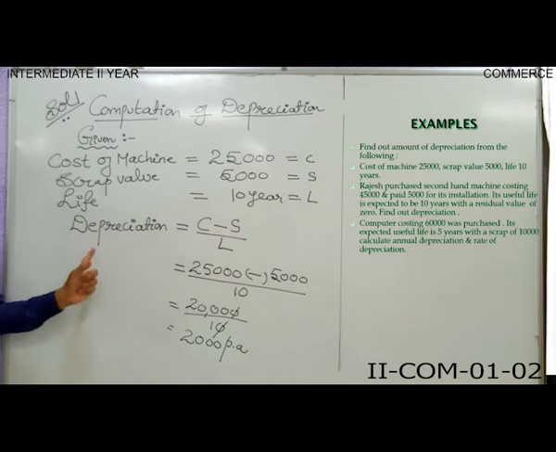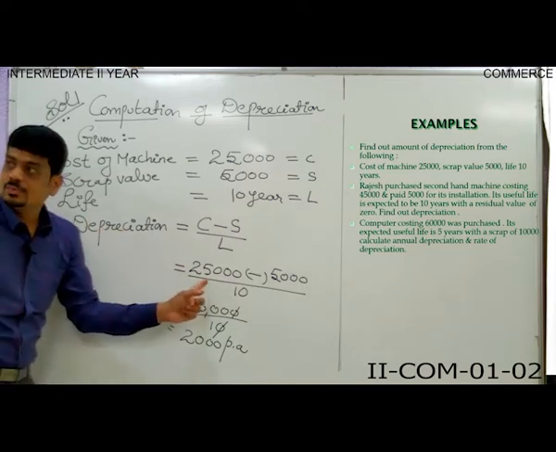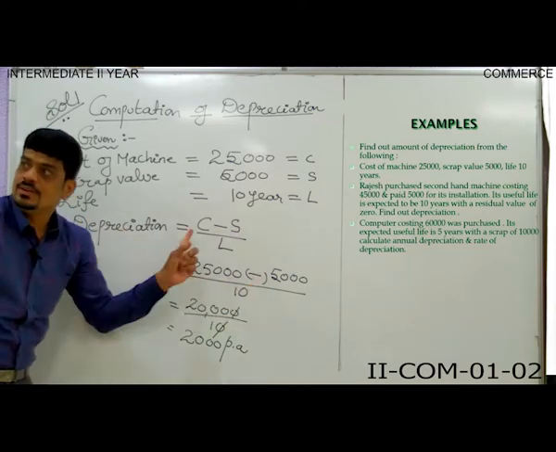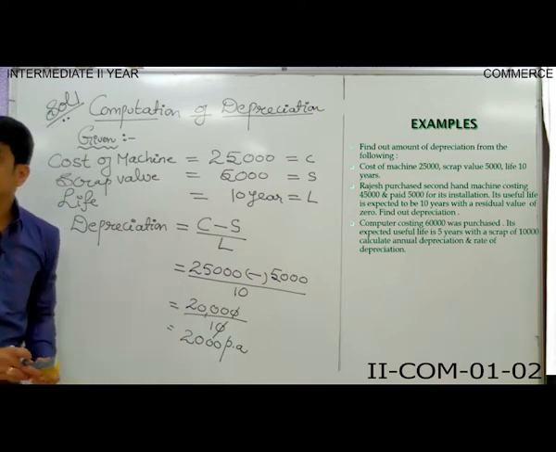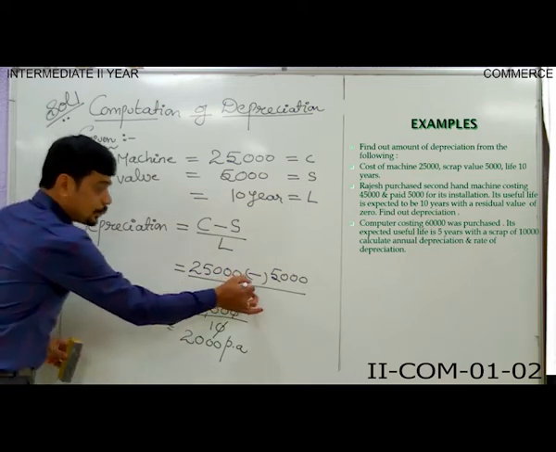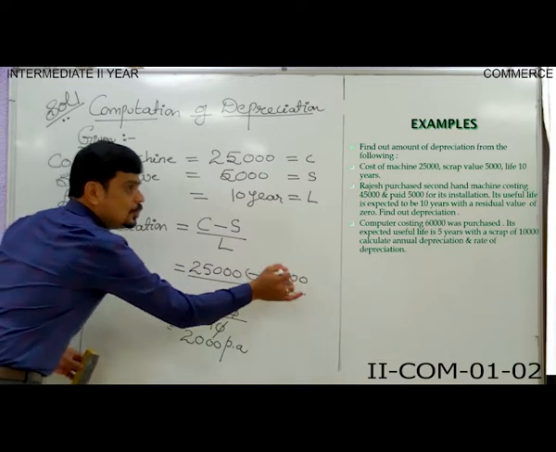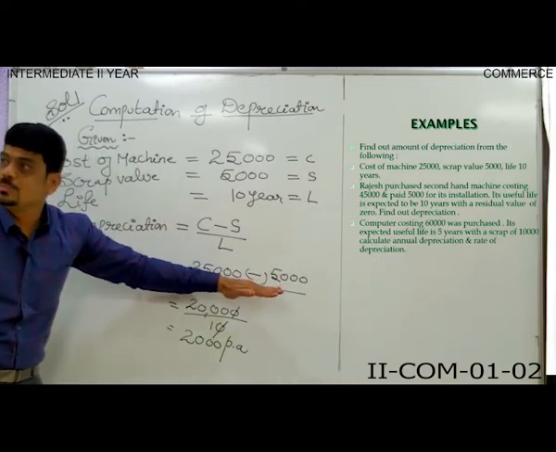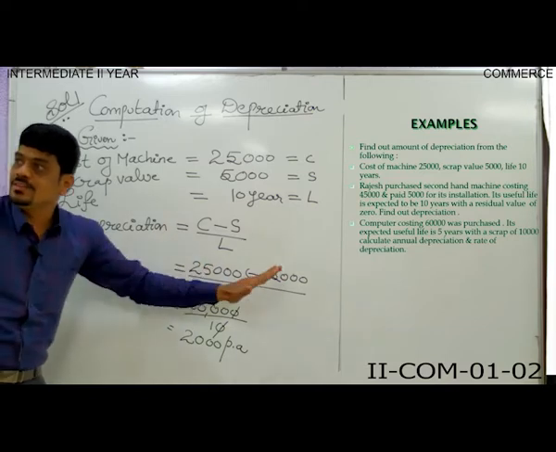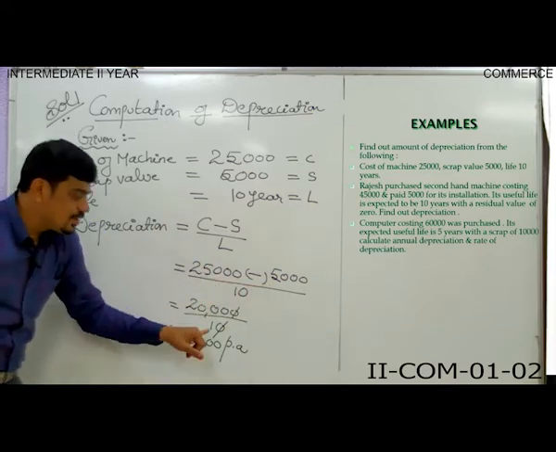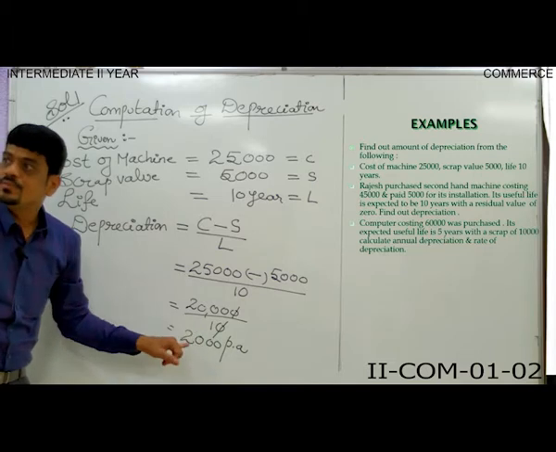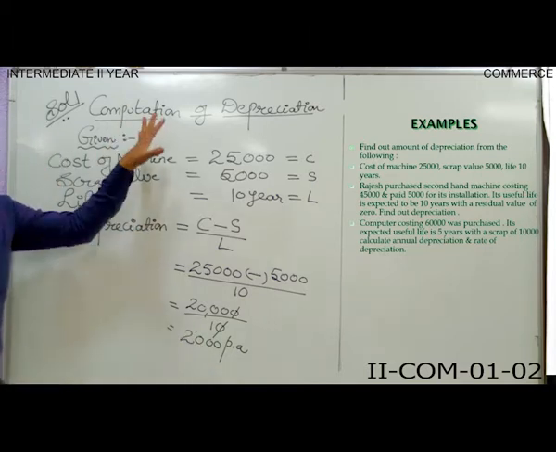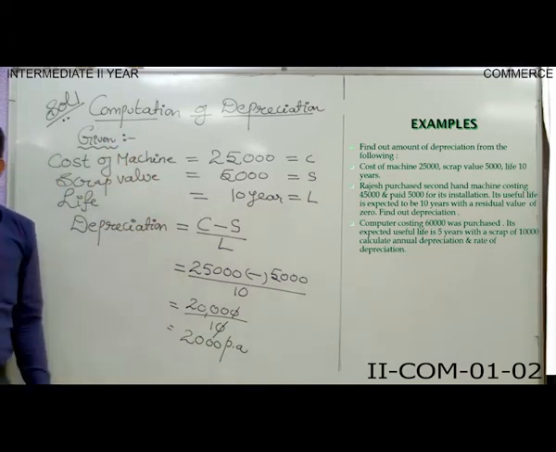Then equate it properly: 25,000 minus 5,000 by 10. Generally what students do, they say, sir, denominator, numerator will cut. No. First do the simplification of the numerator. 25,000 minus 5,000 is 20,000, divided by 10 will give you 2,000. This is the amount of depreciation.